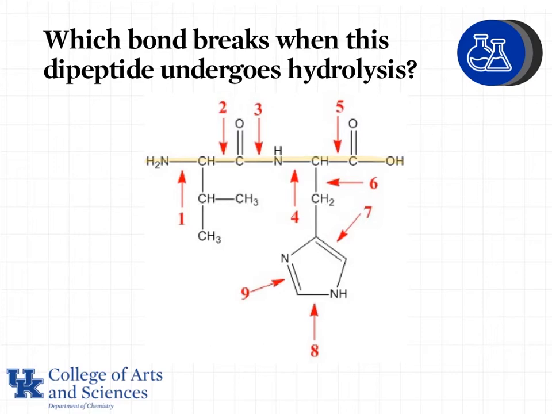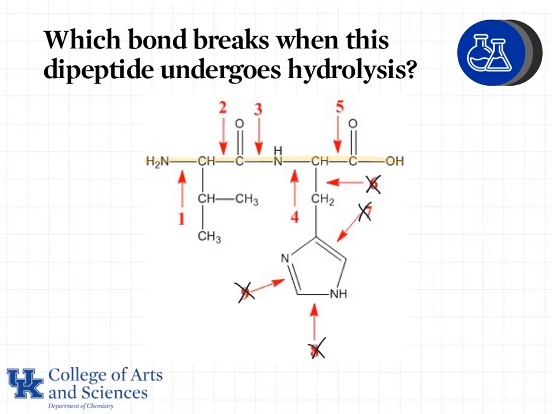That means I can eliminate several of these options. So it can't be 6, 7, 9, or 8 because those bonds are not in the backbone of the amino acid. And here we're going to think about 2 things. We're going to think about hydrolysis, and we're looking for that weak point where the bond can break. And we're also going to think about where the bond formed when we formed this dipeptide.